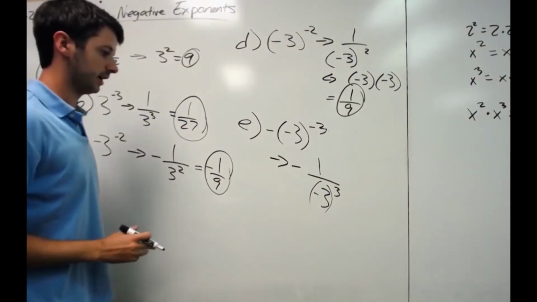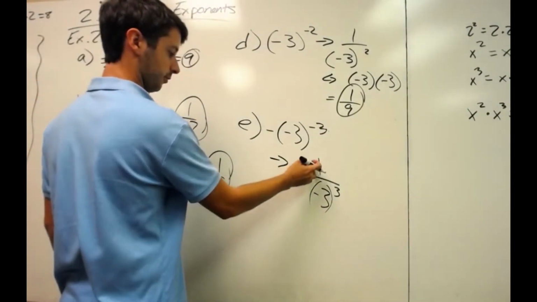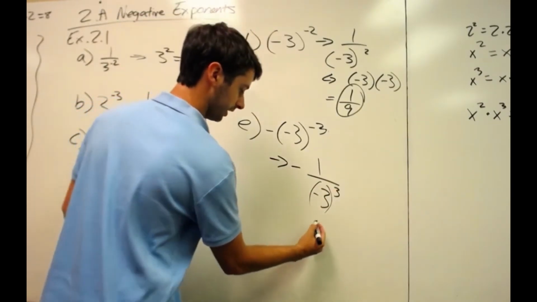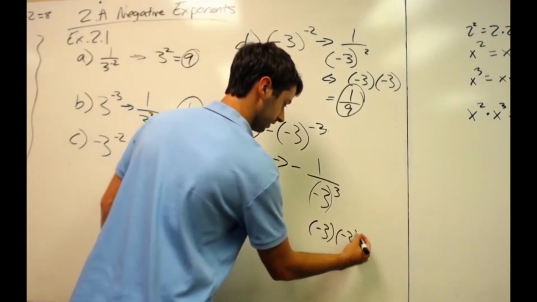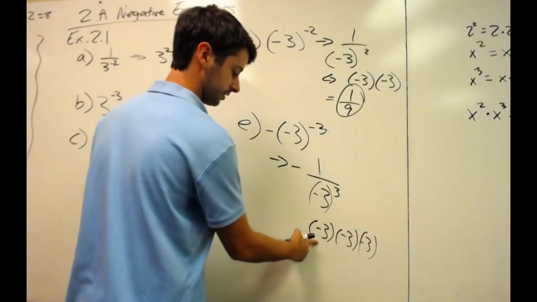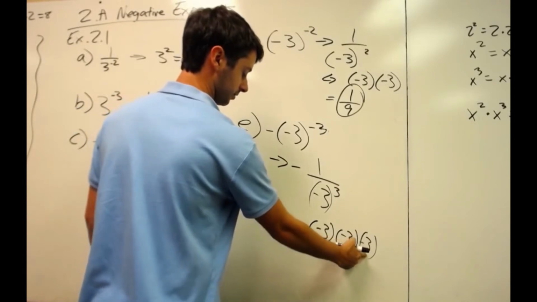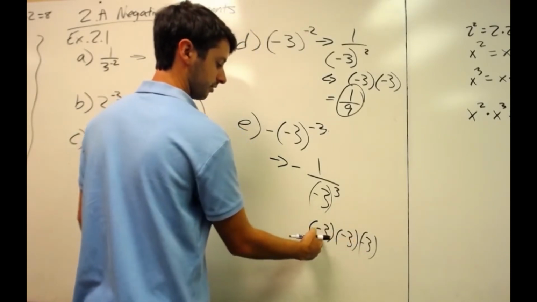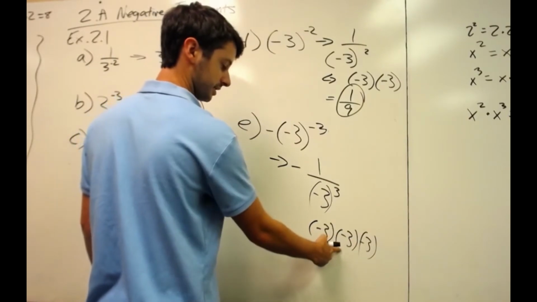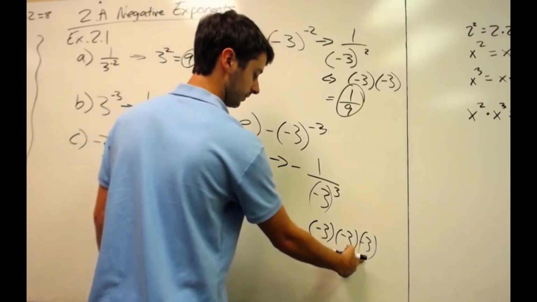So then from there, you have negative 1 over negative 3 cubed. What you actually have to do is multiply negative 3 times negative 3 times negative 3. That is 3 times 3, 9, times 3, 27. You have 3 negatives, so it ends up being negative times negative positive times negative.